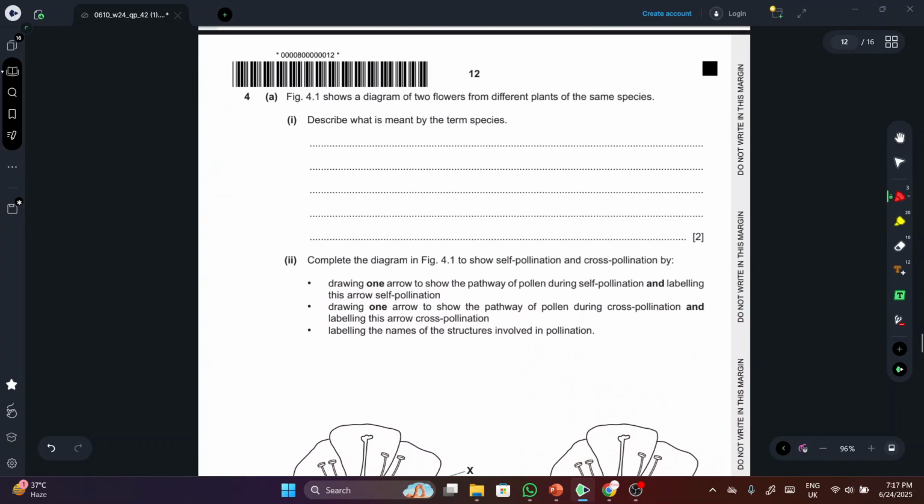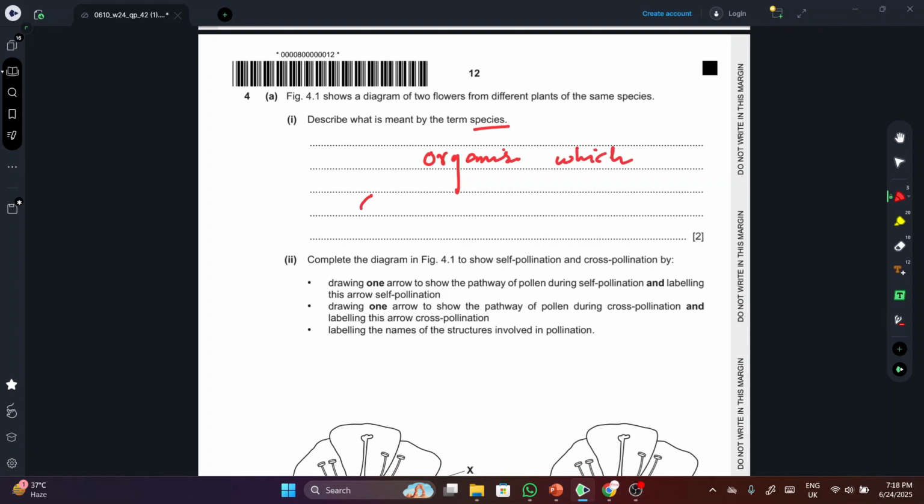Students, the next question is related to what is meant by the term species. So species is the term used for a group of organisms, all the organisms which can interbreed to produce fertile offspring.